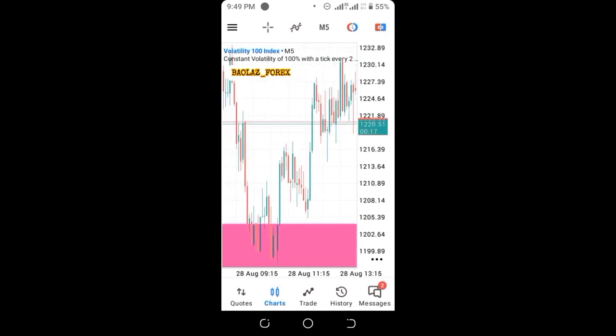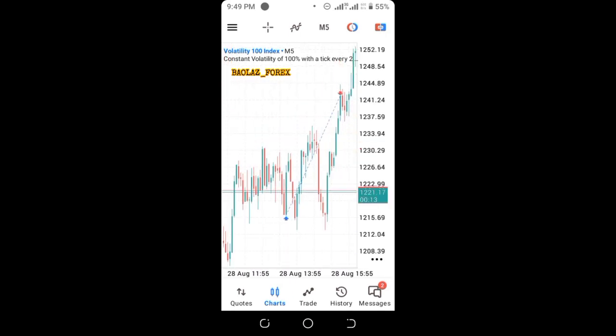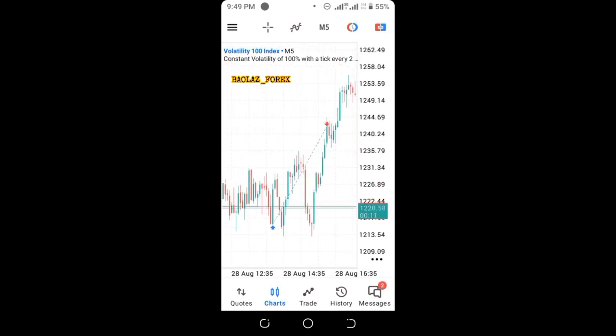There is one kind of confirmation I was checking here. Another thing you can see, after I entered, it almost got just some pips to my TP. Then the market moved down even below my entry. You can see.